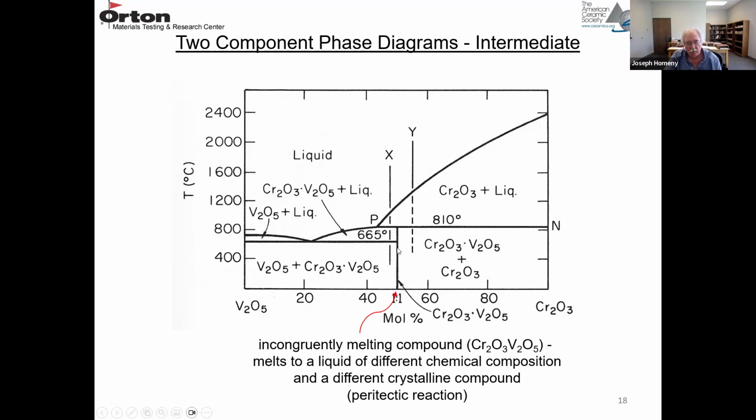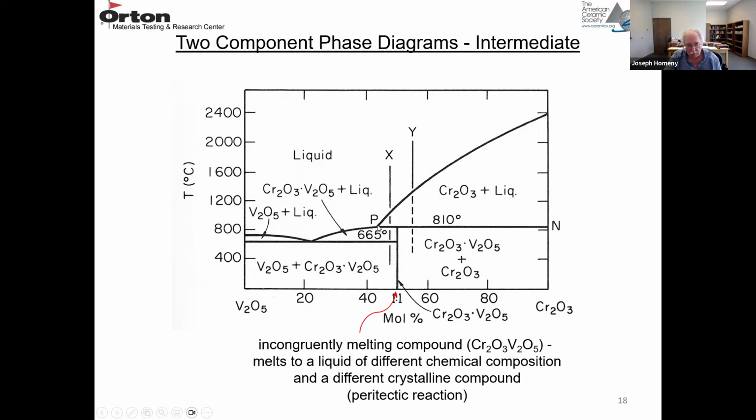So as you increase the temperature at this one-to-one ratio, Cr2O3·V2O5 transforms to Cr2O3 plus liquid. So it's a different crystalline phase and a different liquid; it doesn't melt directly into a liquid of this one-to-one composition.